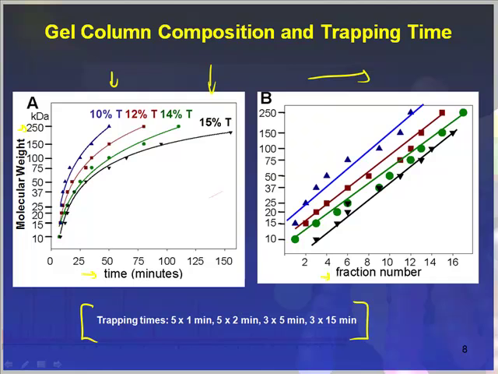But realize that the larger the protein, the slower it migrates from the gel. So in order to try to trap these proteins in single fractions, we collect them over longer periods of time. So our trapping intervals move from 1-minute fractions to up to 15 minutes per fraction. And what you end up getting is what looks like a linear separation, but realize that this is on a log scale.